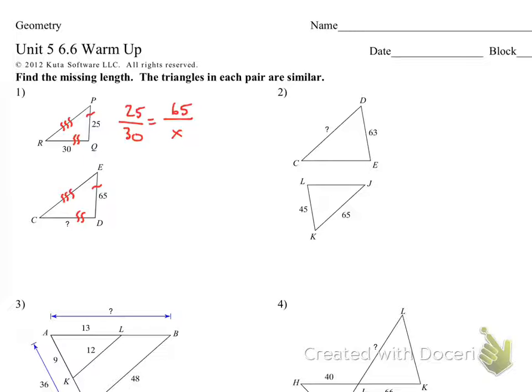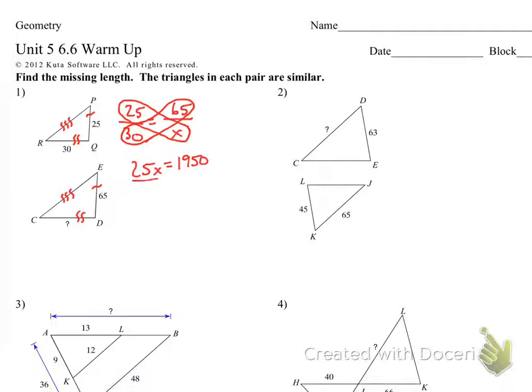All right. So we've got 25. If we do the cross products here, I'm not going to do the cross products for the next one. We'll just set up our proportion. But cross products here, we have 25x. I can tell you that. But you guys have to tell me, what is 65 times 30? $1,950.